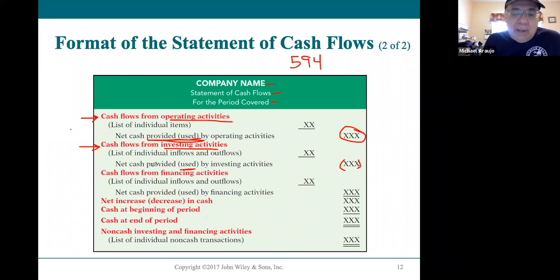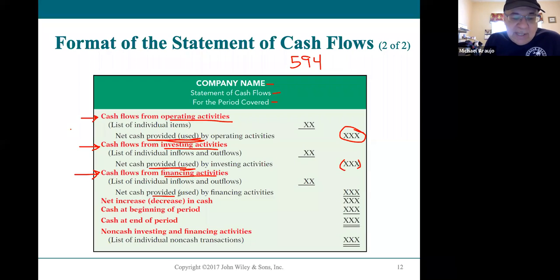But not all companies are like that. There are some companies, Sears, JCPenney's, et cetera, that are actually selling more property, plant, and equipment. So they're selling their assets to get money to pay their bills. Not a good sign. The third section here is from financing activities, things that affect the liabilities and equity.